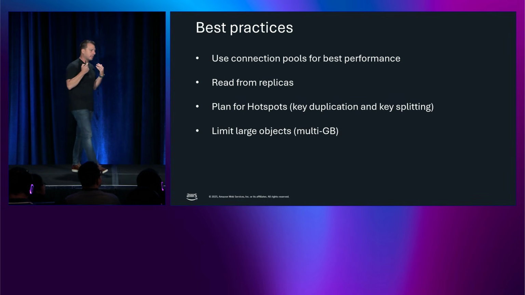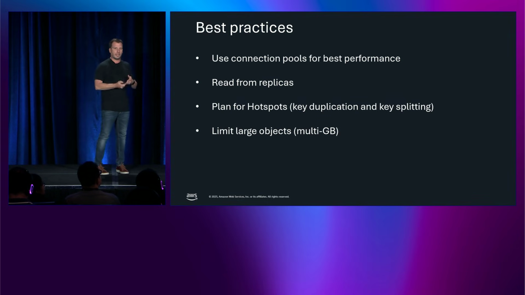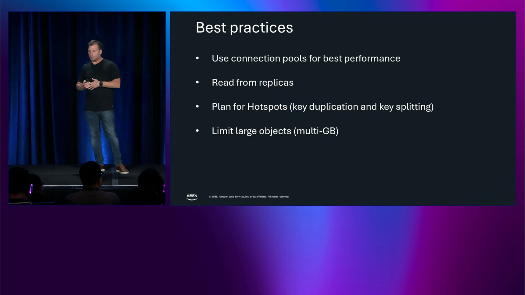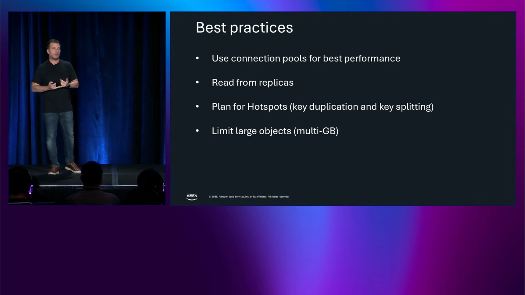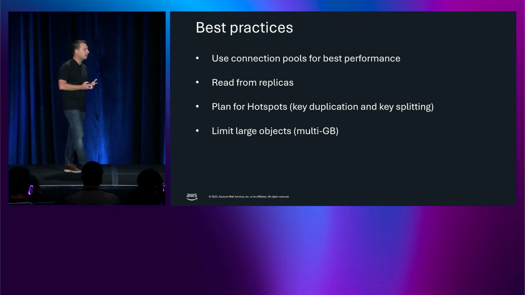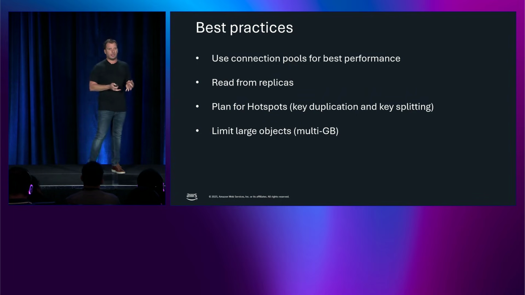So using a connection pool, using a persistent, long-lived connection is very important. We talked about reading from replicas to scale the read throughput, to achieve high availability and resiliency. And specifically for serverless, it will benefit you to achieve microsecond read response time.